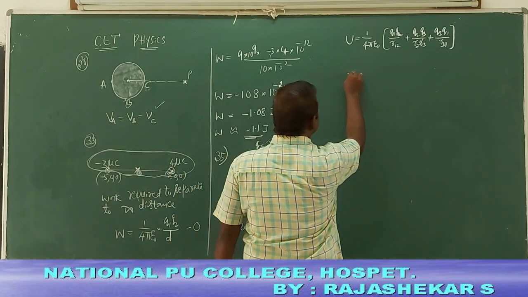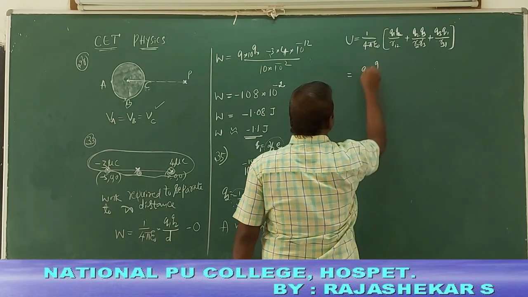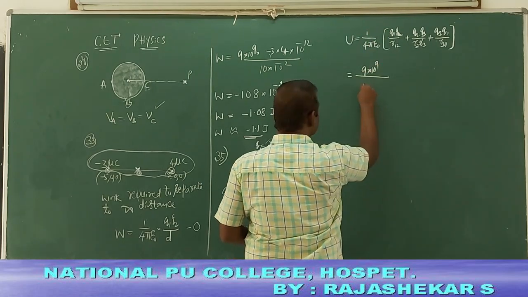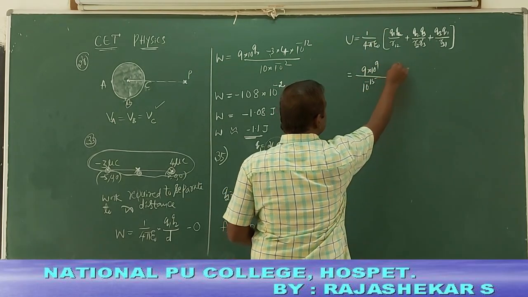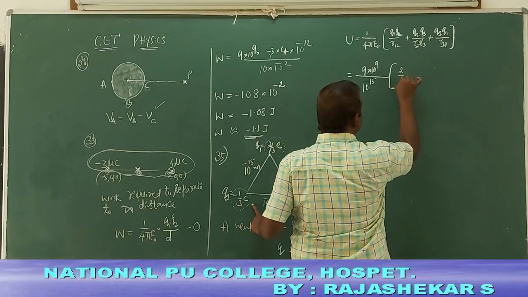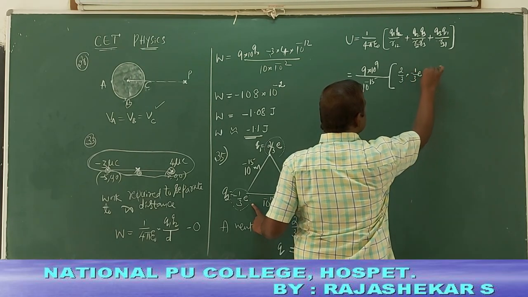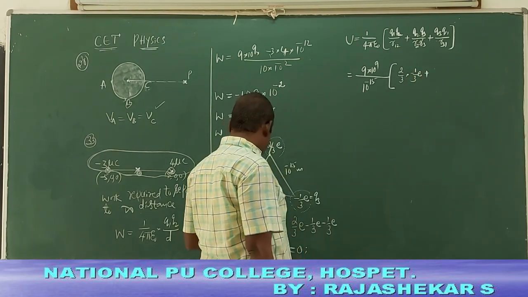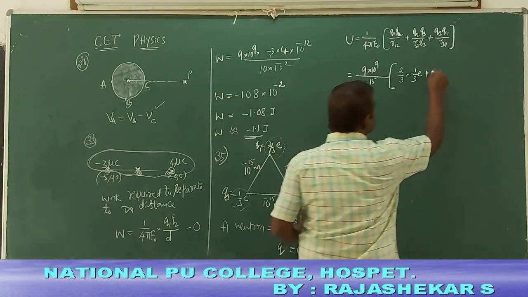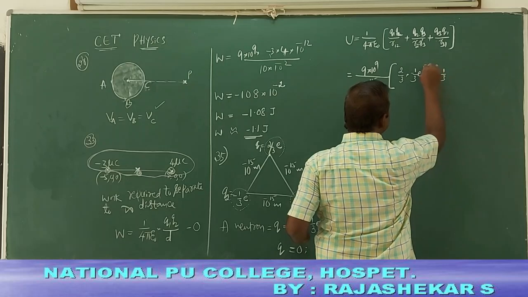Therefore, this is 9 into 10 to the power 9 divided by, this is 10 to the power minus 15 into Q1, Q2, 2 by 3 and 1 by 3. 2 by 3 into minus 1 by 3e plus minus 1 by 3e and minus 1 by 3e becomes plus 1 by 3e into 1 by 3e.